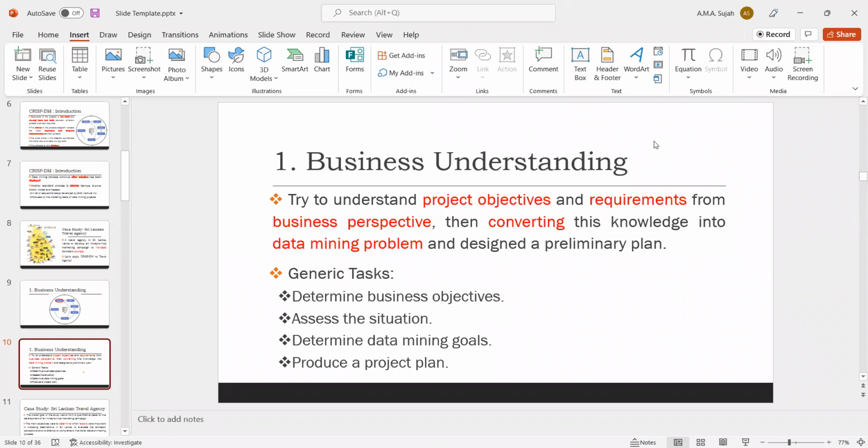There are different data mining techniques, so you decide which data mining technique to apply for this type of problem. For that, you must have a good understanding of the business domain.